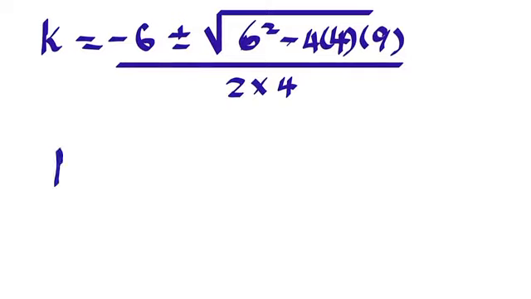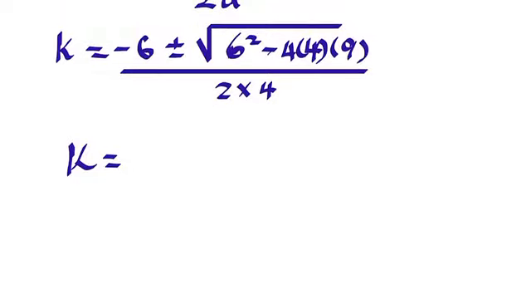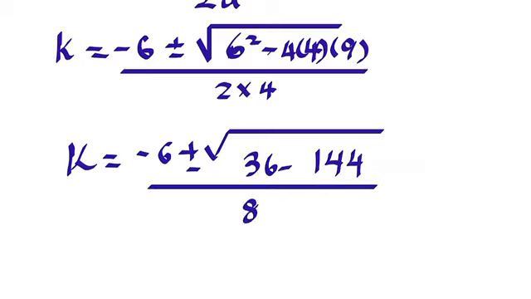So we have k equals minus 6 plus or minus the square root of 36 minus, 4 times 4 times 9, that will give us 144, all divided by 8. Understood?